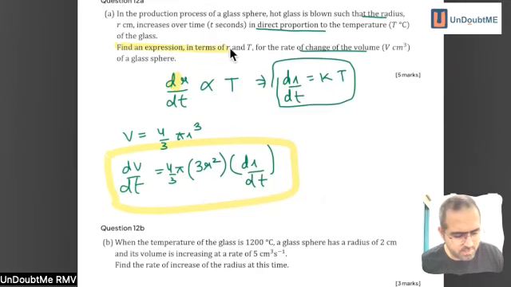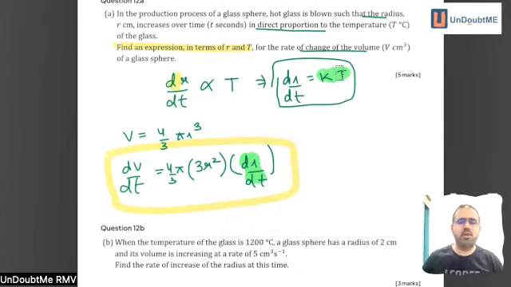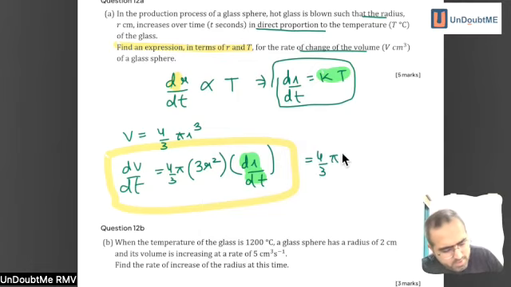We'll read the last statement one more time: find an expression in terms of r and t. You see that we are getting dv by dt in terms of r, and if this dr by dt is replaced by kt, then our work will be done. So it is 4 by 3 pi times 3r square, and that is kt.